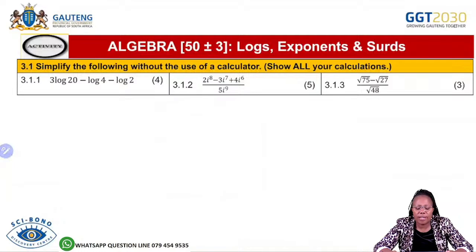We are now looking at the logs, exponents, and sets. Remember, these also fall under algebra.